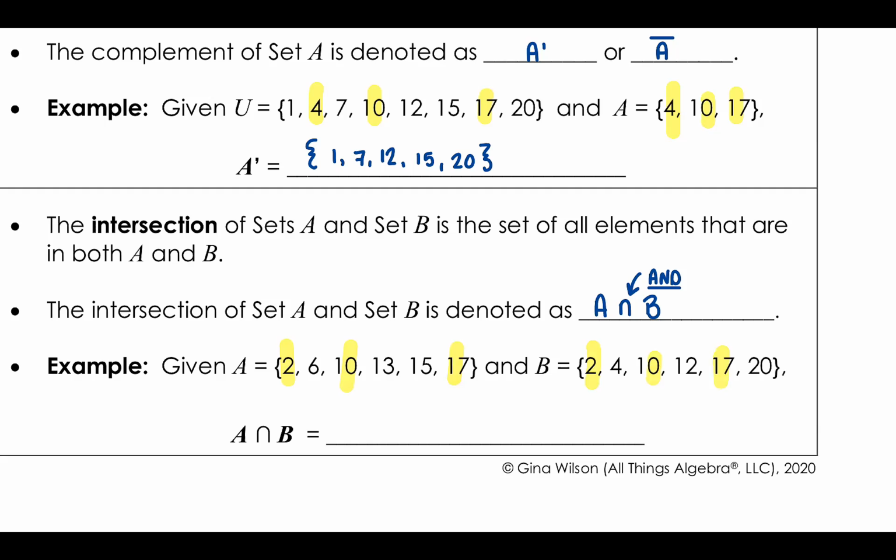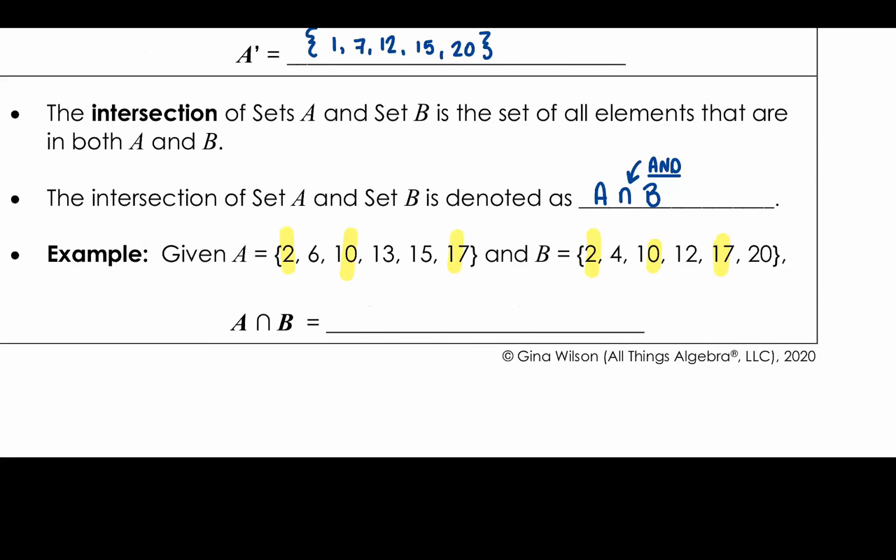But 17 is. So if we want an intersection, we want numbers that are in both A and B. So curly brace, we got 2, 10, and 17.